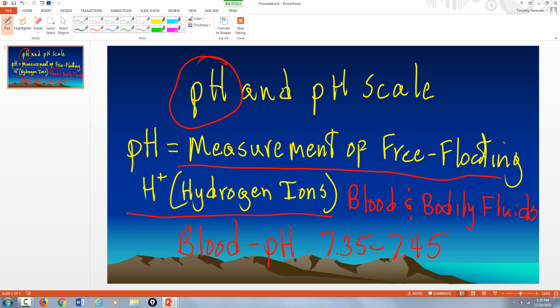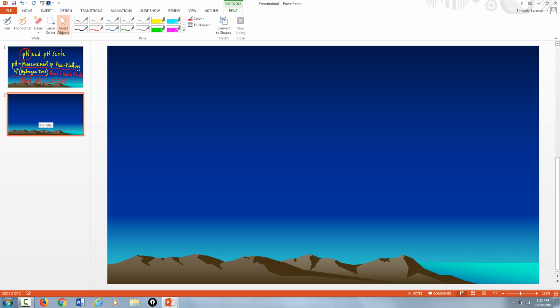Remember, pH is a measurement of free-floating hydrogen ions in the blood or bodily fluids. When we talk about pH, we only talk about free-floating hydrogen ions.